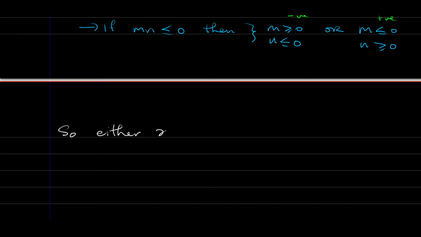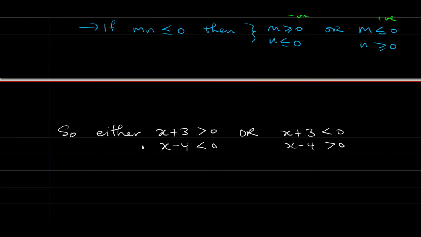Right, so x plus 3. I'm trying to keep it in sync with what it has there. And x minus 4. Right, so it's either this here is greater than 0 and this here is less than 0, or this here is less than 0 and this here is greater than 0, right?